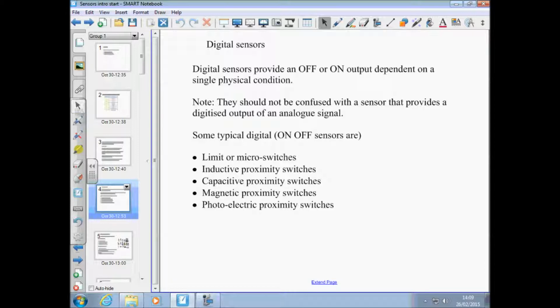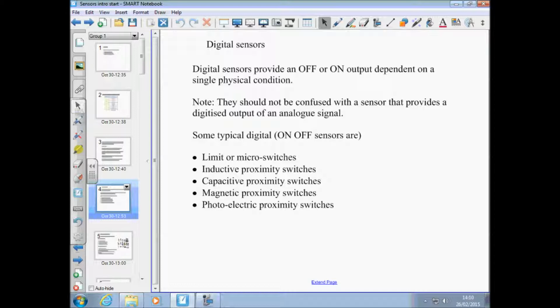Digital sensors provide an on or off output dependent on a single physical condition. It shouldn't be confused with a sensor that provides a digitized output of an analog signal.